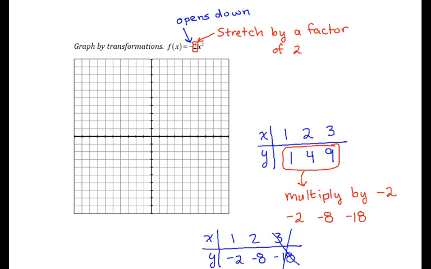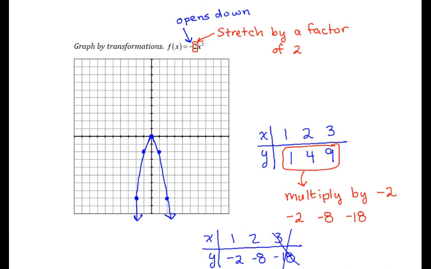Now this does not have any shifts at all, so the vertex is still at the origin, so we'll go ahead and plot that 0, 0 also, but there's no need to write that down. And then plotting relative to the vertex doesn't make a difference in this case, because our vertex is at the origin, and I use symmetry to draw on the other side, and then I draw my parabola. We can see that this does have that look that a stretched parabola should have.